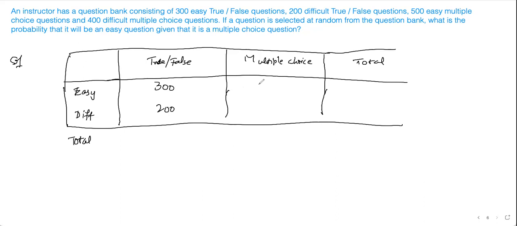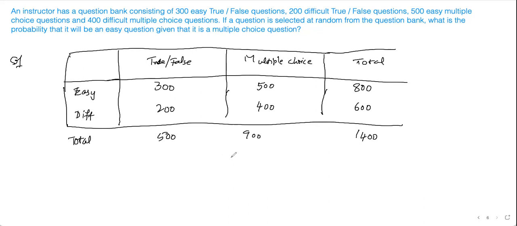Okay, multiple choice is 500, and this is 400. So easy, when you add up, the total is 800, and difficult, when you add up, is 600. Okay, so here it is 500 and 900, and this is 1400 in total.